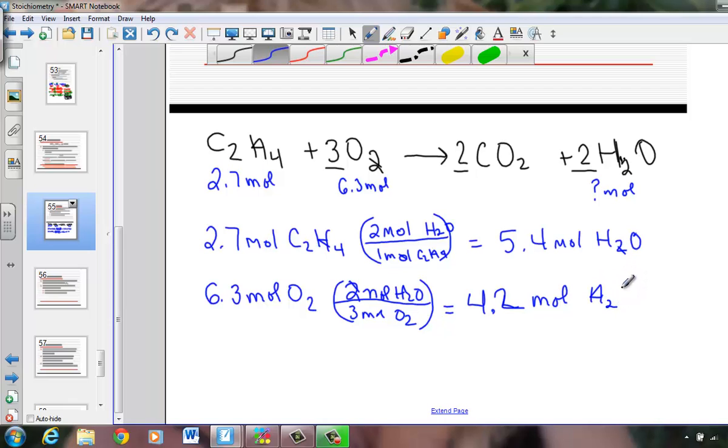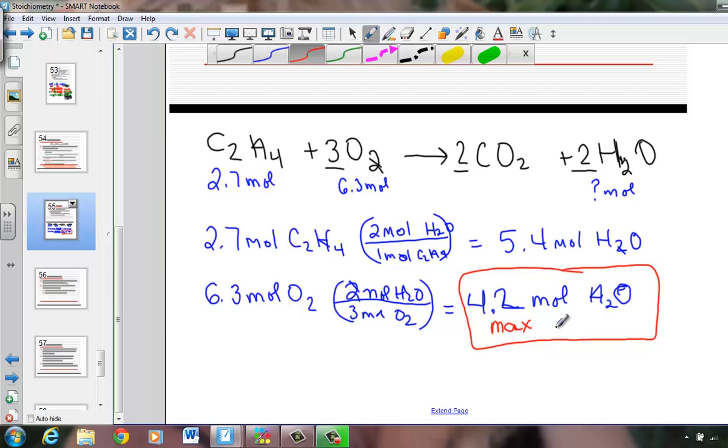So, thinking this through, we're being asked the following. Compare your two answers. What is the maximum yield of water? It's always coming from the smaller of your two final answers. The maximum yield of our product, which is water, that was our target, was 4.2 moles, telling us that the limiting reagent, the one that was completely consumed, that there's 0 moles left, must have been the oxygen.